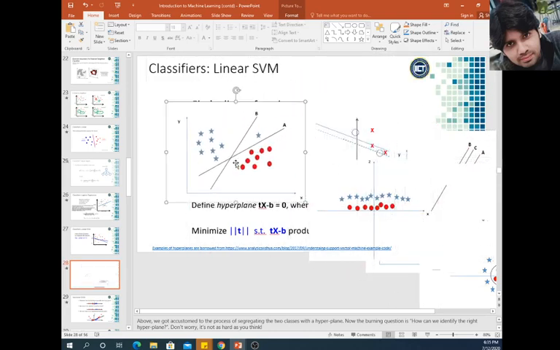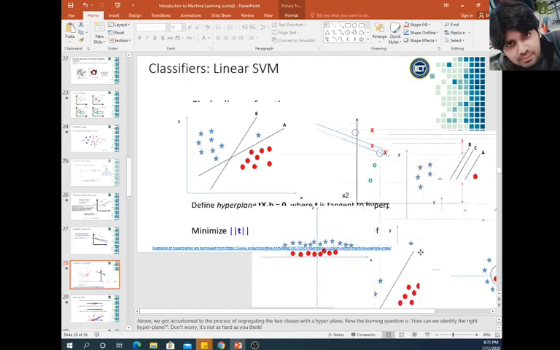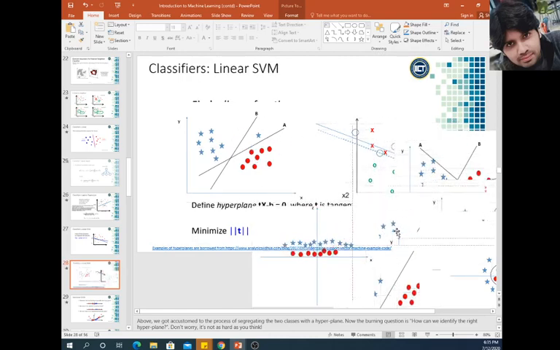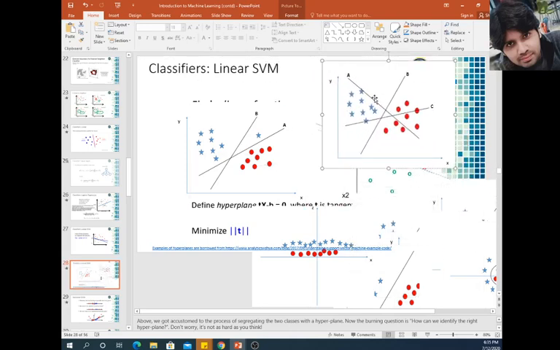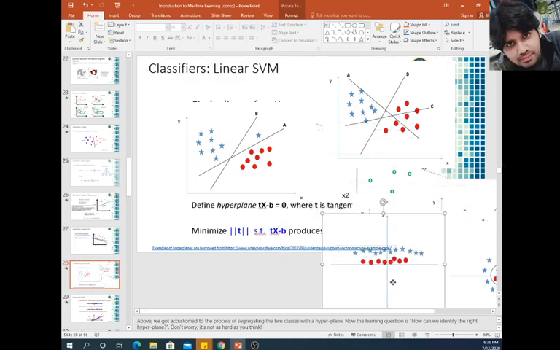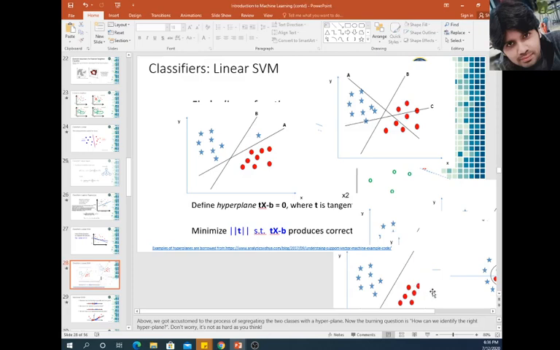This one. So which hyperplane do you think is good for this kind of image, for separating these kind of images? Just let me delete all this.